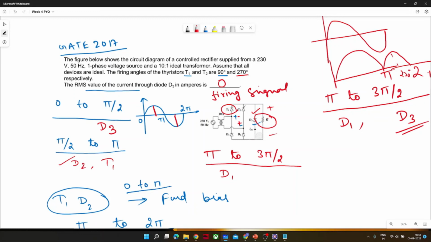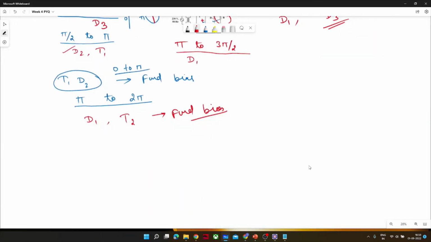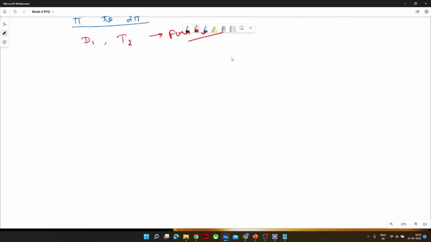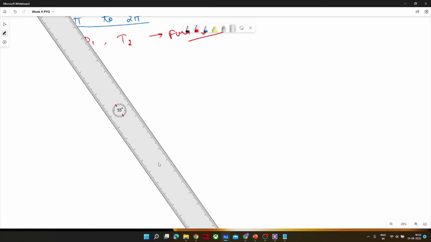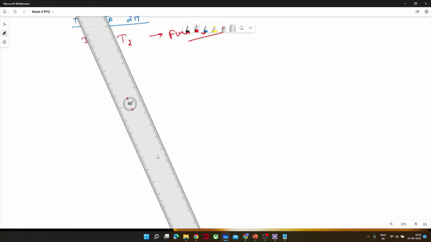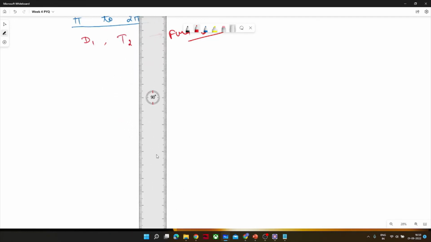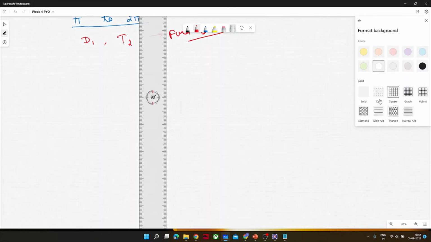So that means the freewheeling diode works only for RL load, for RLE load, or if some energy is present there. Let me draw the waveform of R load and how it happens. Okay, graph.